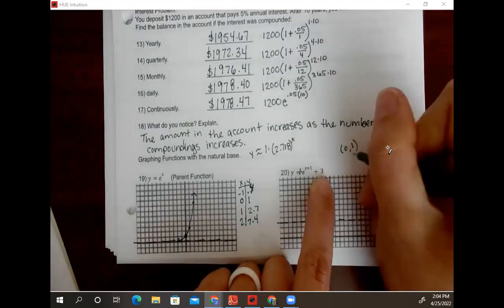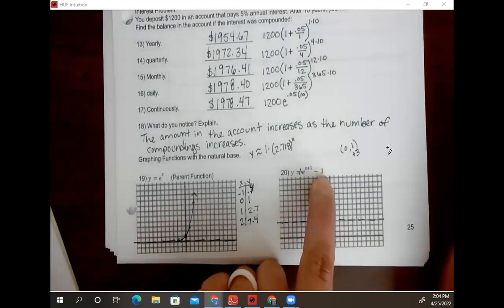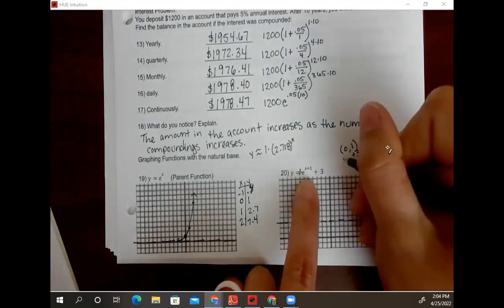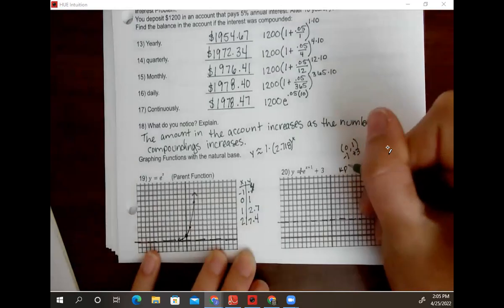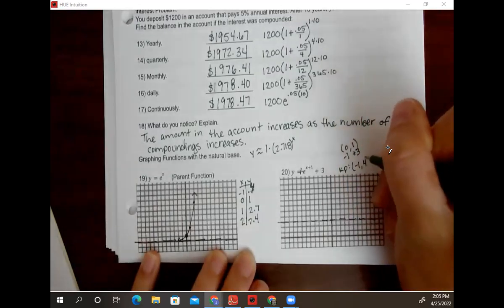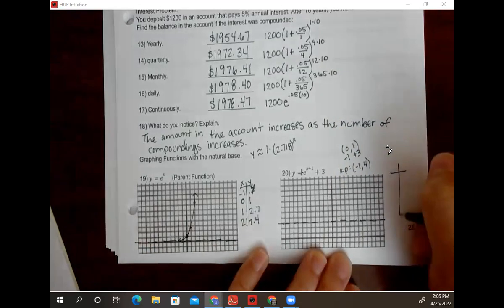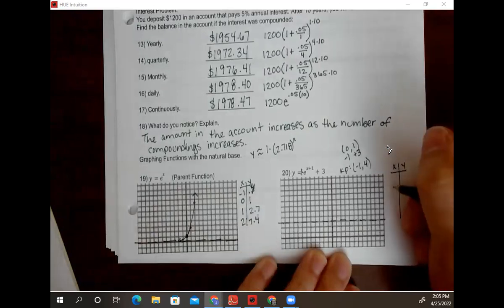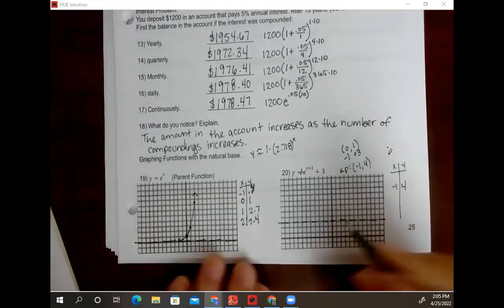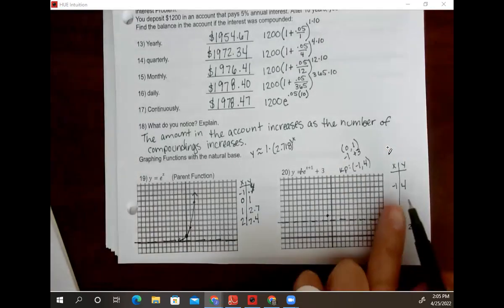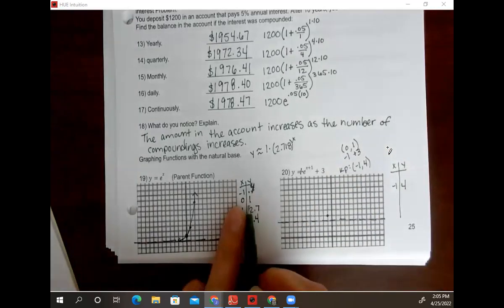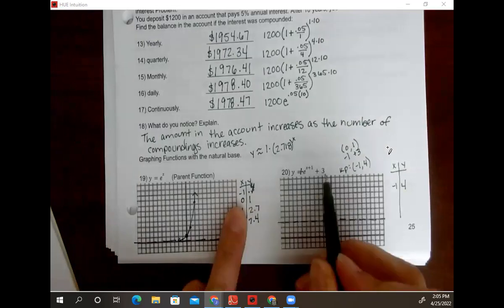And then add 3 to account for that shift up, subtract 1 to account for the shift to the left, and we get our key point to be -1, 4. So I could put that in my table. So -1, 4. I want you to notice that this is a transformation of our parent function key point, including those shifts.